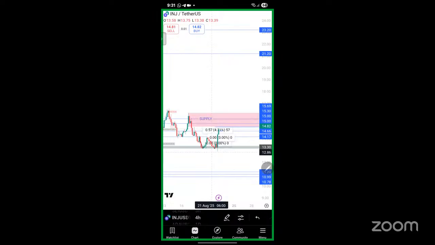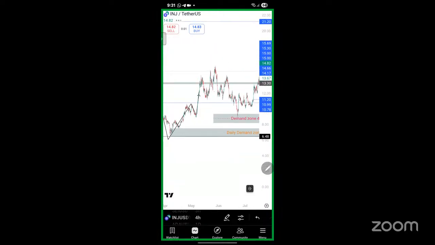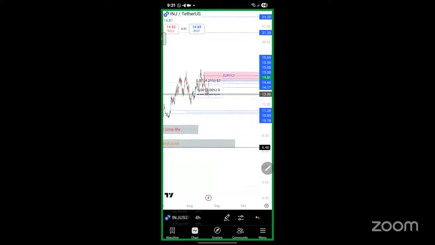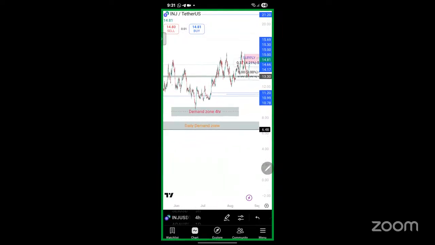That's why, for coins, three or five, do your analysis well. You understand? This is my analysis, this coin has a daily demand zone. If I want to see price at any time, when price comes down, it will hit into this demand zone.